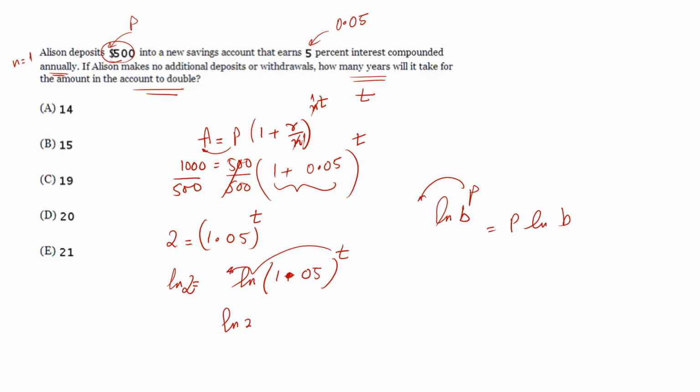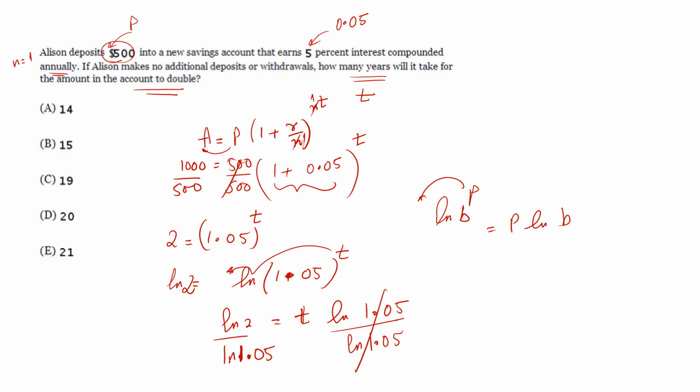So ln of 2 equals t ln of 1.05. So divide both sides by ln of 1.05. So you will have t equals ln of 2 divided by ln of 1.05.